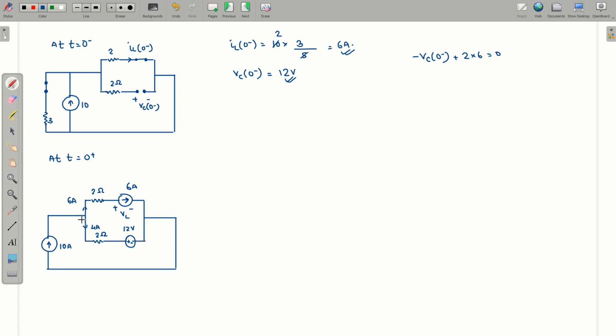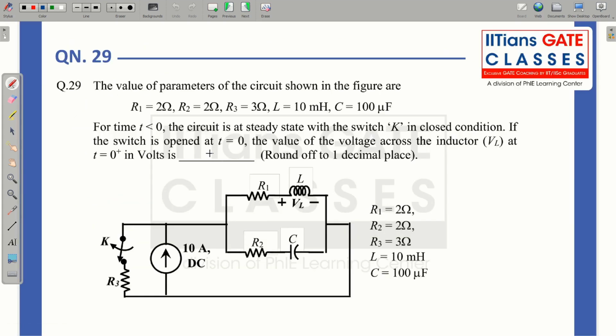Now if I apply KVL in this loop, this will be minus 12 minus 8, this will be plus 12. 6 into 2, 12, plus VL equal to 0, which implies the value of VL comes out to be 8 volt. Now this is at t equal to 0 plus. So this is the voltage that was asked of us. So the answer to this question is 8 volt.